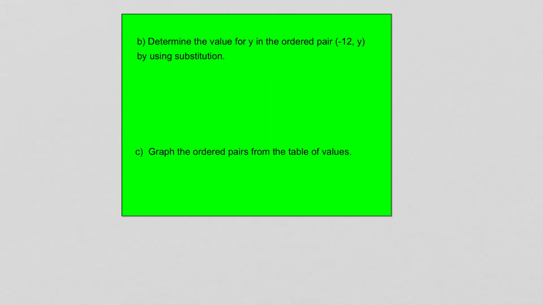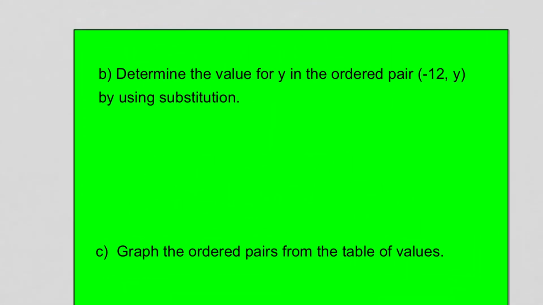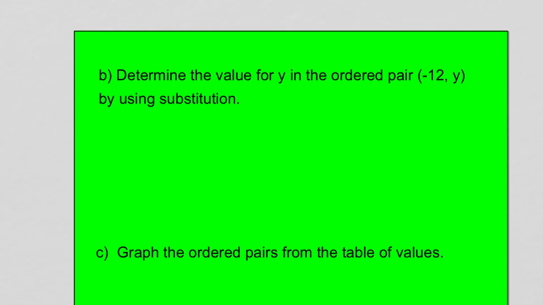Now, just like we did before, we're going to use another value for that equation. So it says determine the value for y in the ordered pair (-12, y) by using substitution. Now, the -12 is an x value in this case. So I'm going to use the equation y equals x minus 2. I'm going to replace the x with -12.